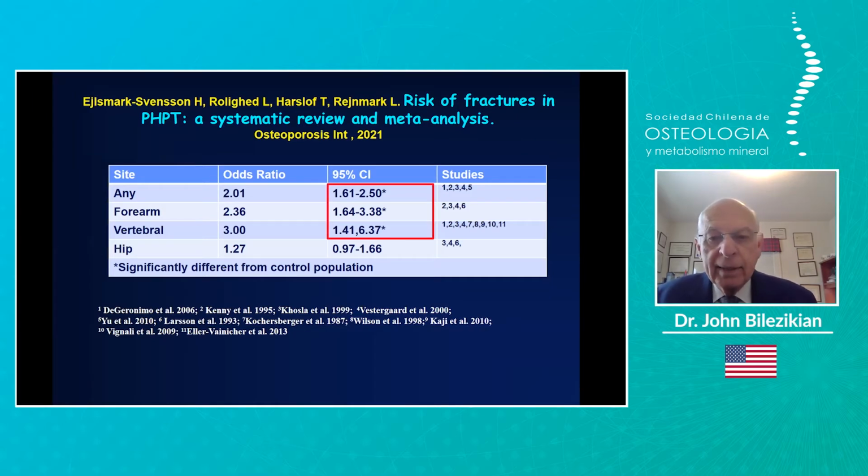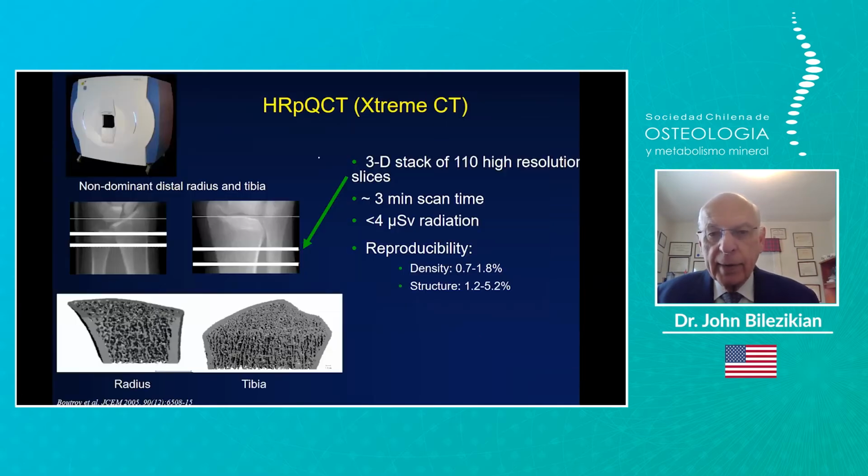And this meta-analysis looked at 11 different papers, and as shown here, documenting them very clearly. There was not a significant increase in hip fractures, but there was a trend. So I think we can clearly make the point that fracture incidences are increased in hyperparathyroidism.